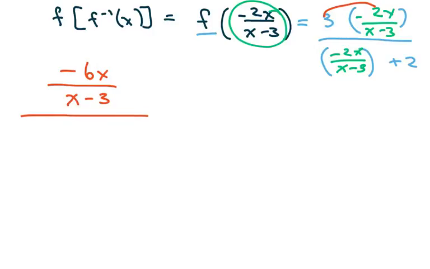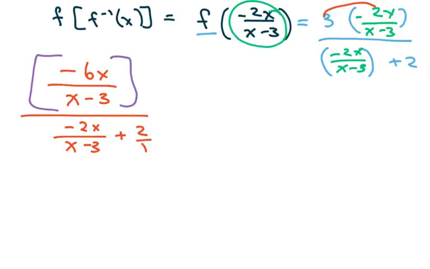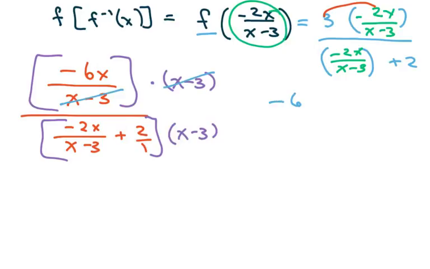And then all over negative 2x over x minus 3 plus, and I'll go ahead and put 2 in fraction form. Now, to help us with this, we're just going to clear the fractions by multiplying the numerator by x minus 3 and the denominator by x minus 3. So in the numerator, this just cancels, and we get negative 6x. In the denominator, you multiply it by that, and this will cancel.